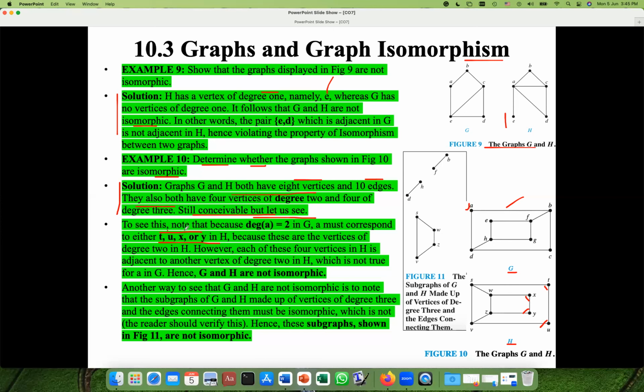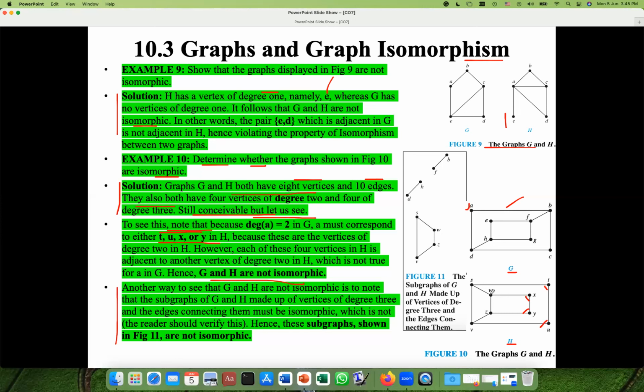There is another way also mentioned here. That way is saying that, okay, this is some subgraph.